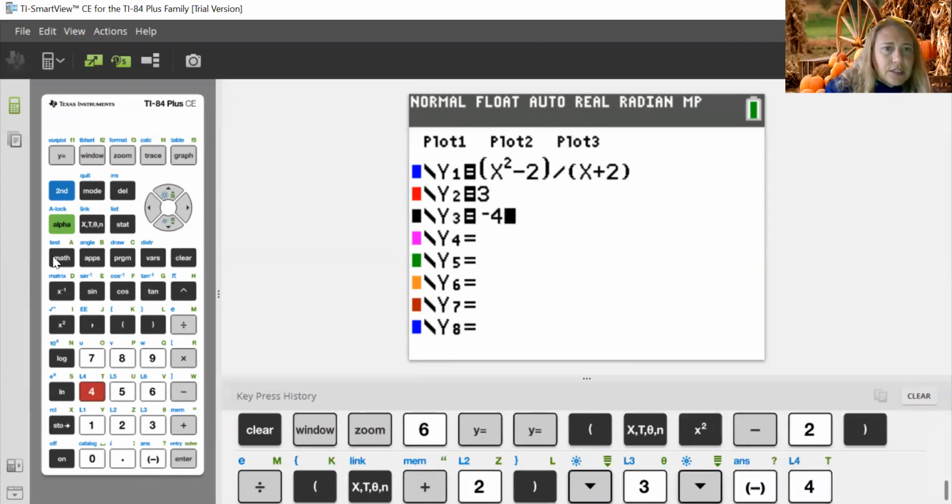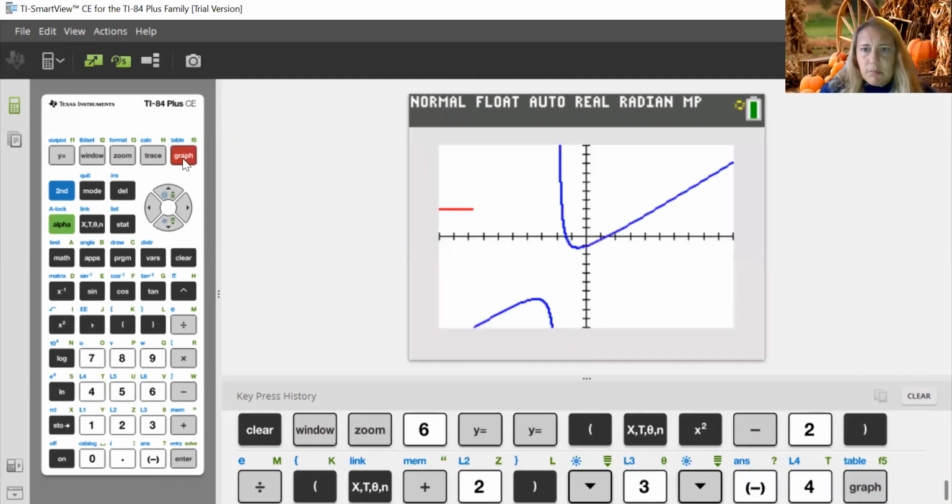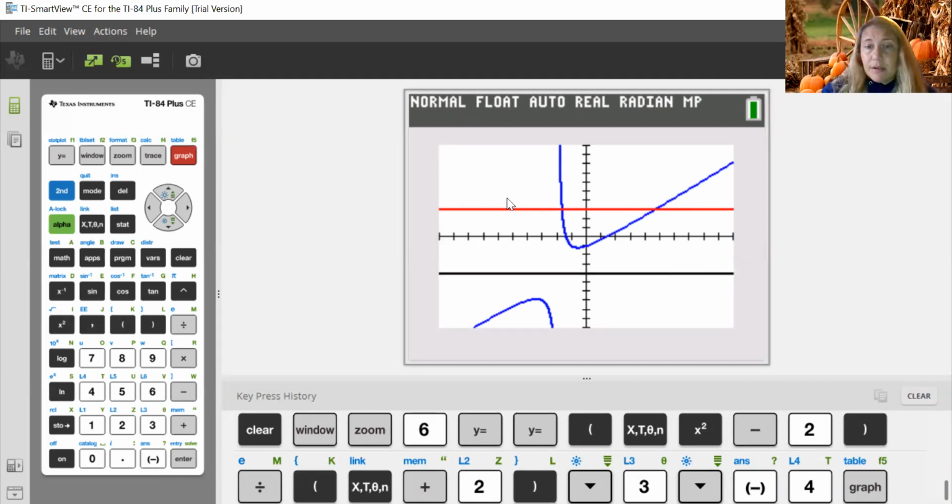All right, so let's take a look at the graph and then I'll decide if I have to adjust my window. Okay. And I don't need to. I'm in a good window, and the red line is y equals 3. And so I can see 2 solutions to that. Notice, when does f of x equal -4? This is this line right here.